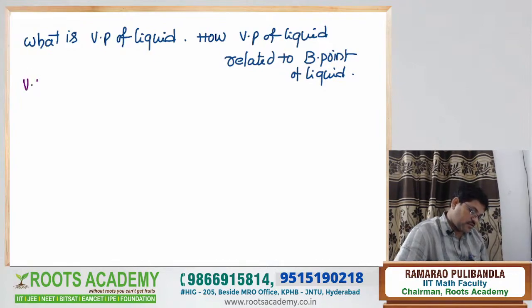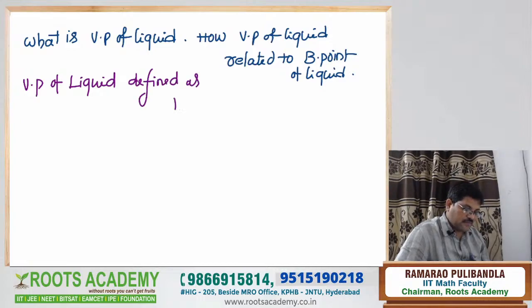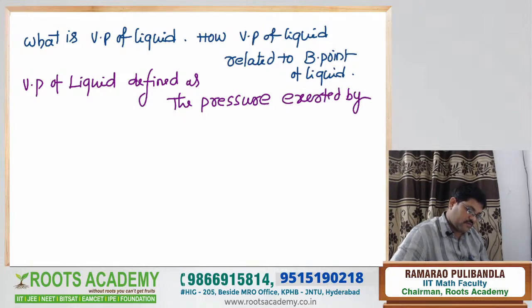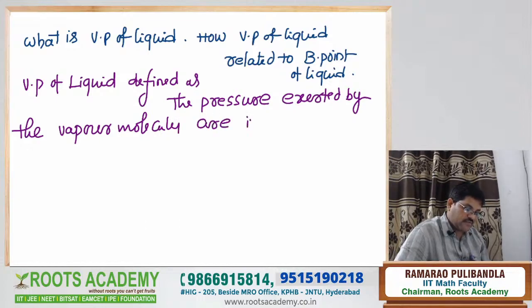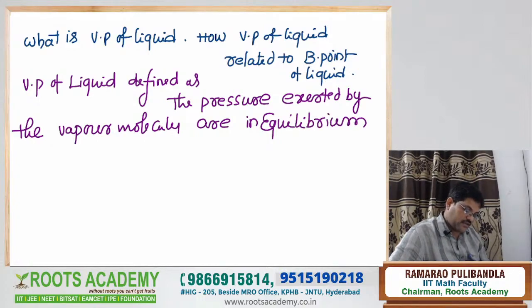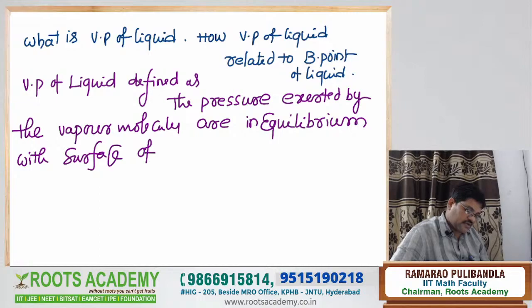The vapor pressure of the liquid is defined as the pressure exerted by the vapor molecules that are in equilibrium with the surface of the liquid. That is the meaning of the vapor pressure.